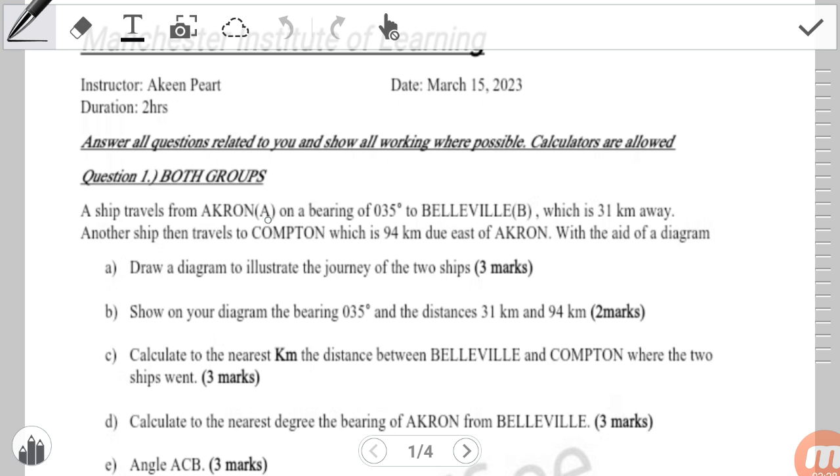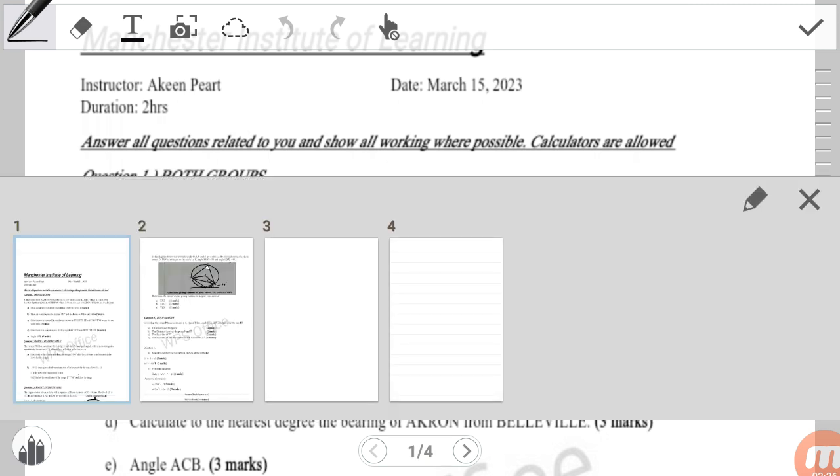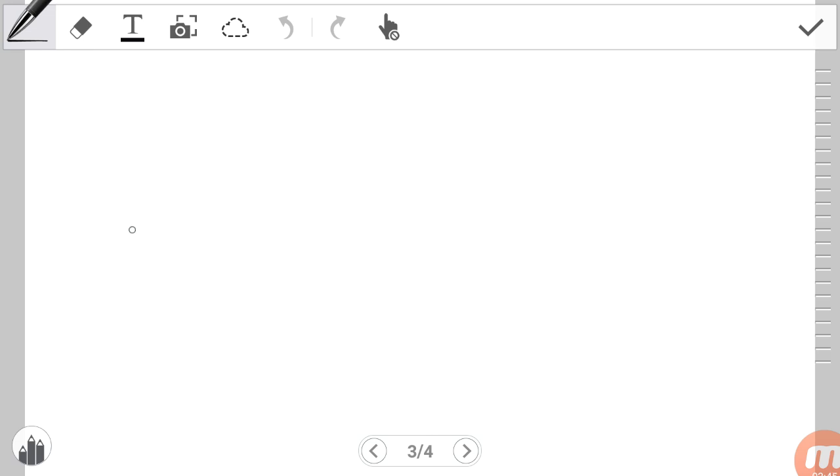It says that a ship travels from Akron on a bearing of 35 degrees. In a previous tutorial I explained that this is based on where an object is moving from. So here we have a ship that's moving from Akron, so let's put Akron here. Because the ship is moving on a bearing of 35 degrees, we have to establish a north line.